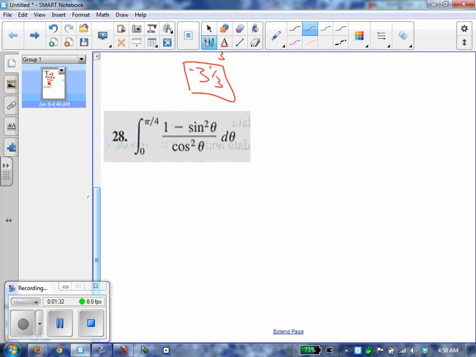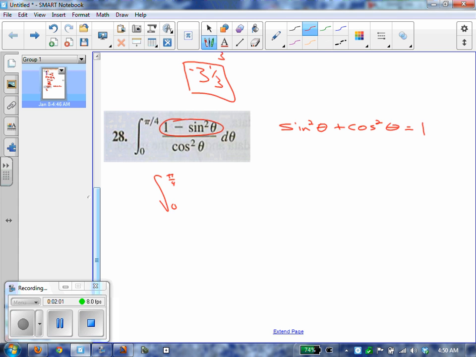Good. 28. All right. This one's not as bad as it looks. I'm going to do a substitution here. So what can I substitute in for 1 minus sine squared?